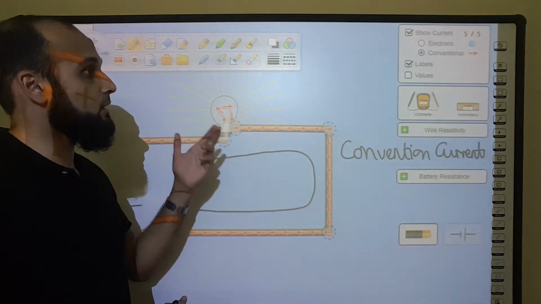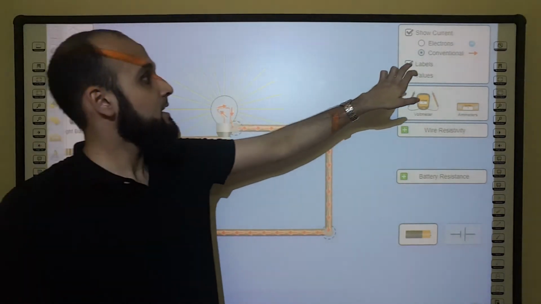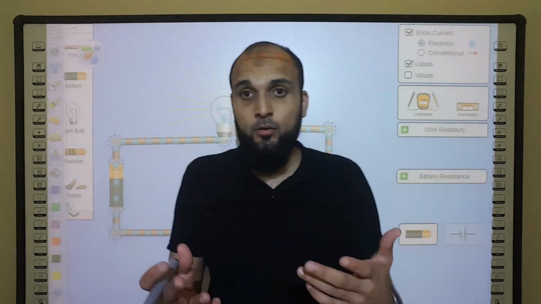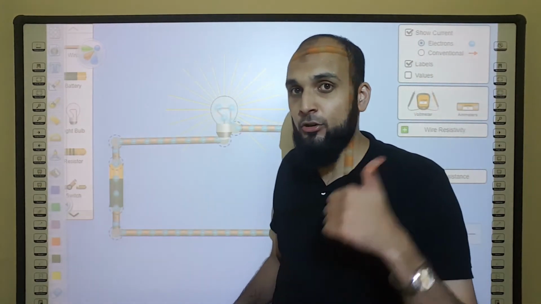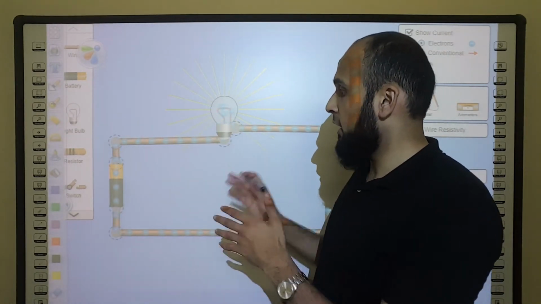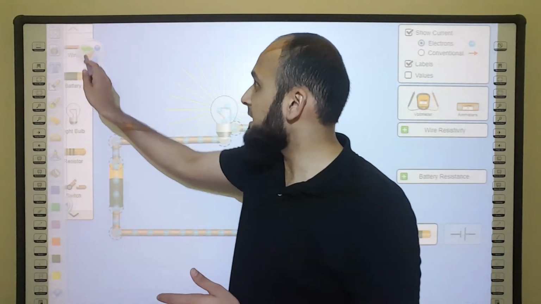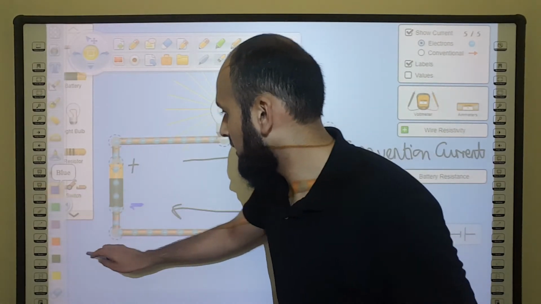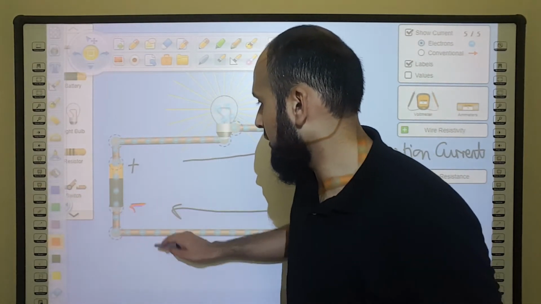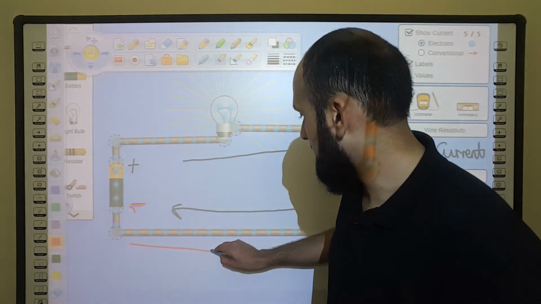So we know that the reality of the matter is that electrons flow in the circuit belonging to that sea of delocalized electrons, remember? So electrons flow starting at the negative terminal of the battery and flowing right through to the positive terminal, right?